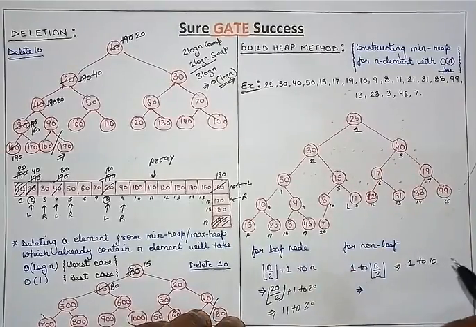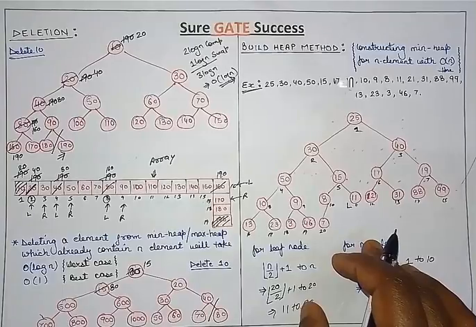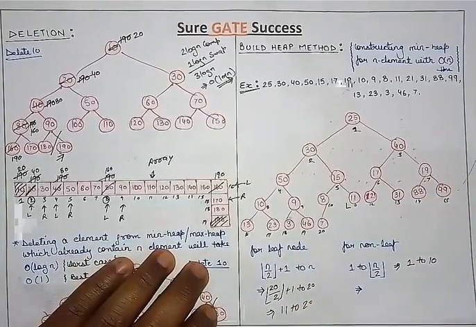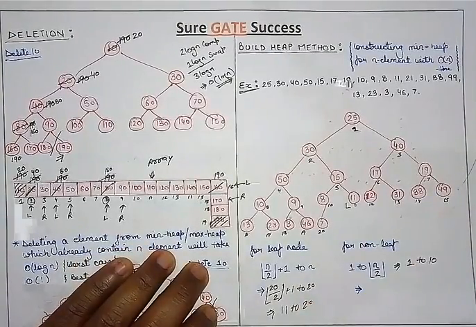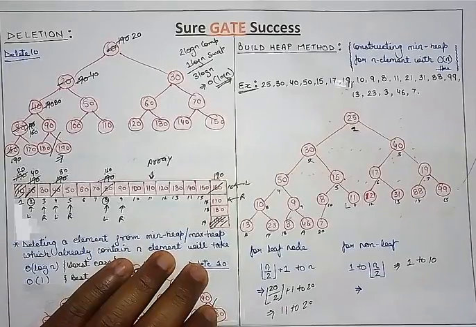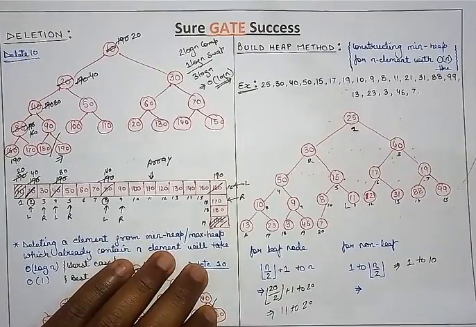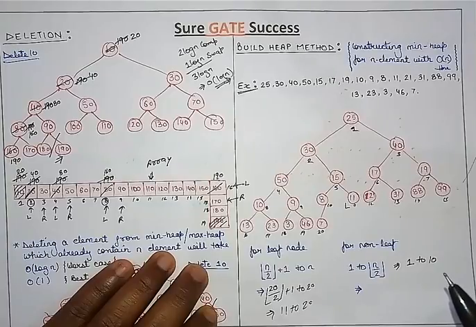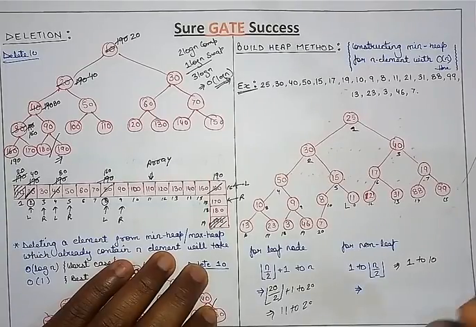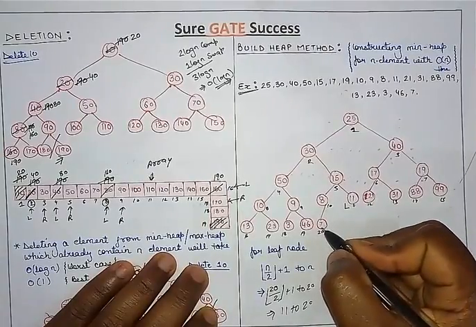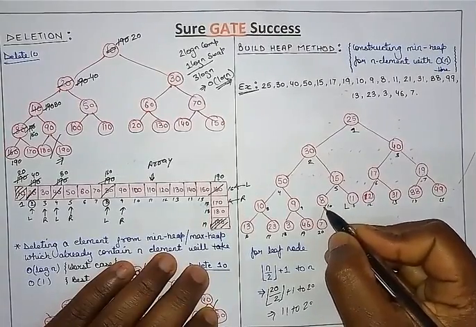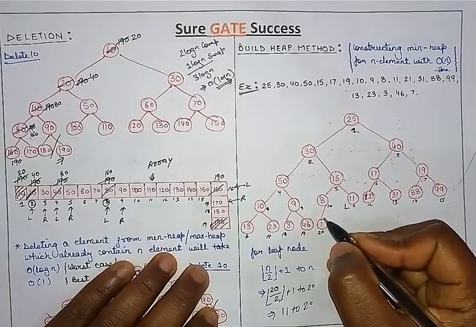We have to compare for the non-leaf nodes, as we are applying the min heapify procedure here. You can also apply the max heapify procedure, where you place the larger one on the upper level, but I am applying a min heap here, so I take the minimum number on the upper level. Compare 7 and 8, what is the smallest one? 7.